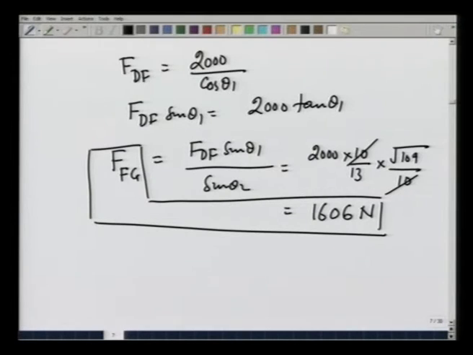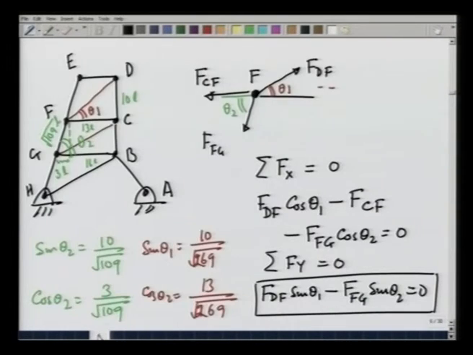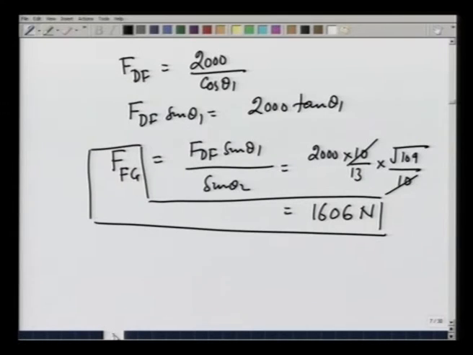Having found Ffg, we can now calculate Fcf also, because Fcf then is going to be Fcf from the previous equation.